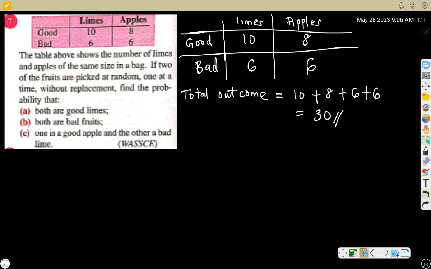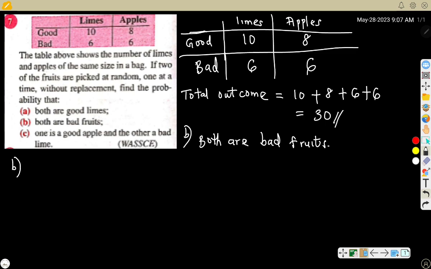So B, both are bad fruits. Now this one requires reasoning.